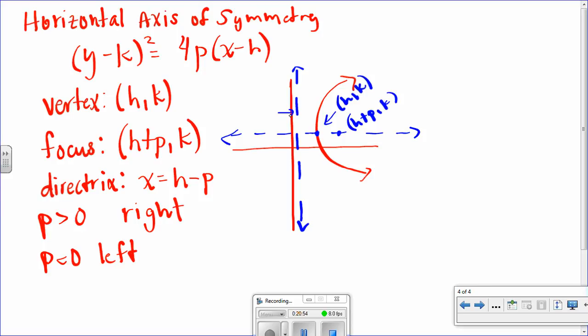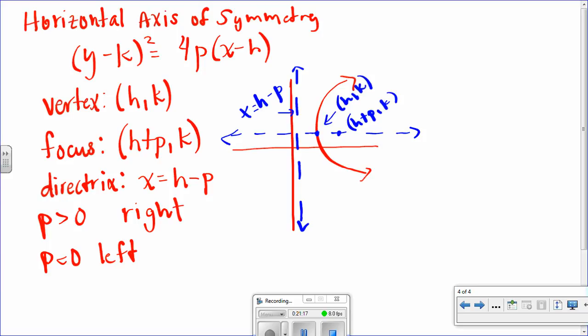My directrix is x equals h minus p. This is just letters right now, right? I'm going to give you numbers. I just want you to get the information for your note card.